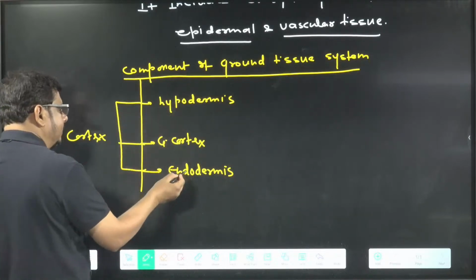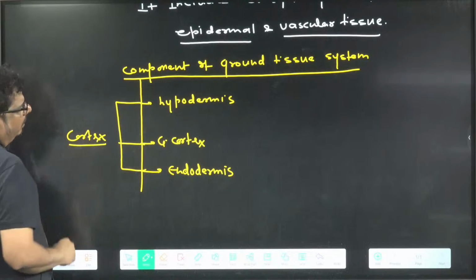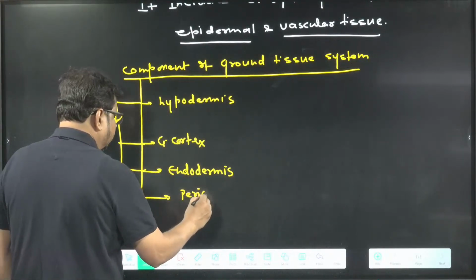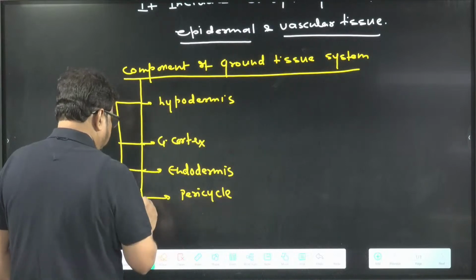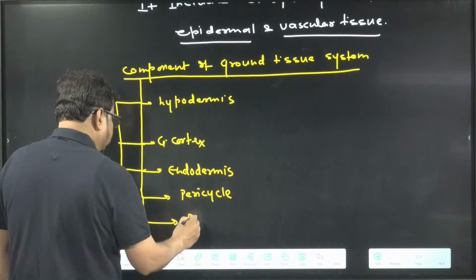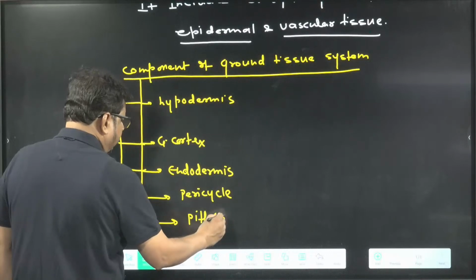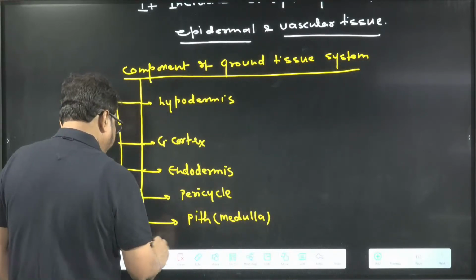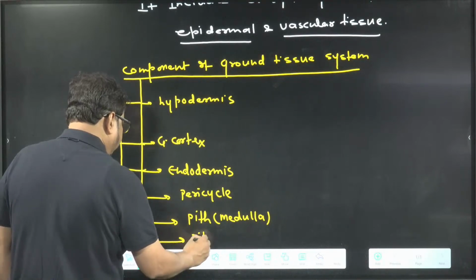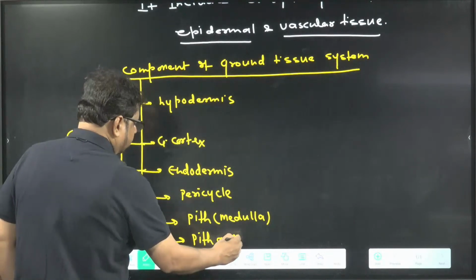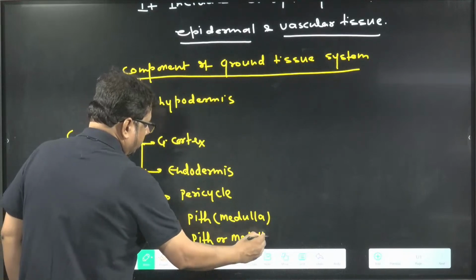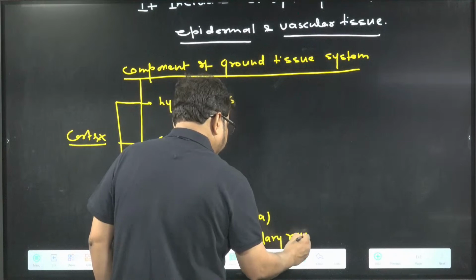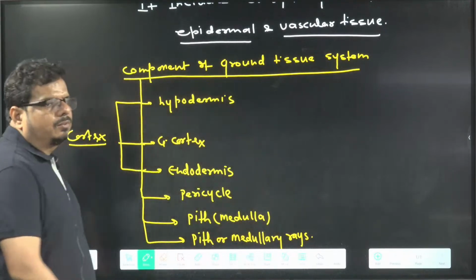Hypodermis, general cortex, endodermis together are known by the name of cortex also. After that it is pericycle, then it is pith. Other name of pith is medulla, and then it is pith or medullary rays. So these are the components of the ground tissue system.